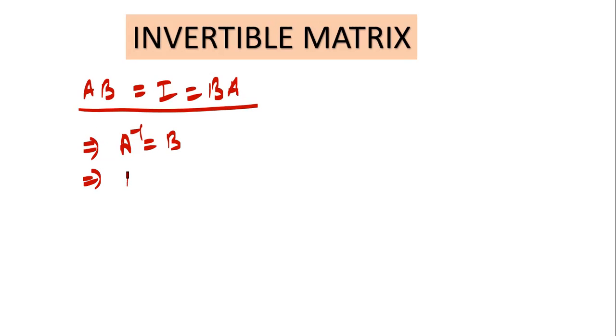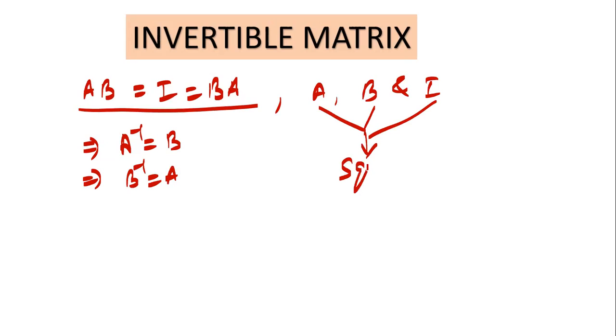A inverse will be B and B inverse will be A. What are A, B and I? A, B and I are square matrices of same order.